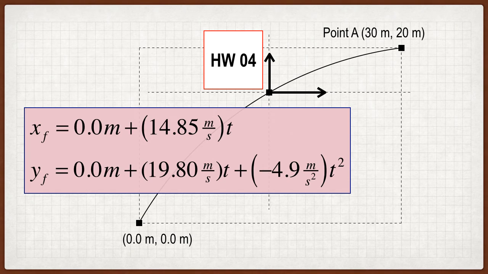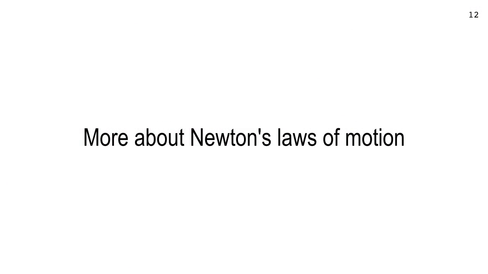And you know, Galileo's famous experiment, the cannonball and the musket ball dropped at the same time from the Leaning Tower of Pisa, and they get to the ground at the same time. That's why. There's no mass term in this. Now, in some other system that's not free fall, you might have to take into account the mass. And to do that, you have to use Newton's laws of motion.